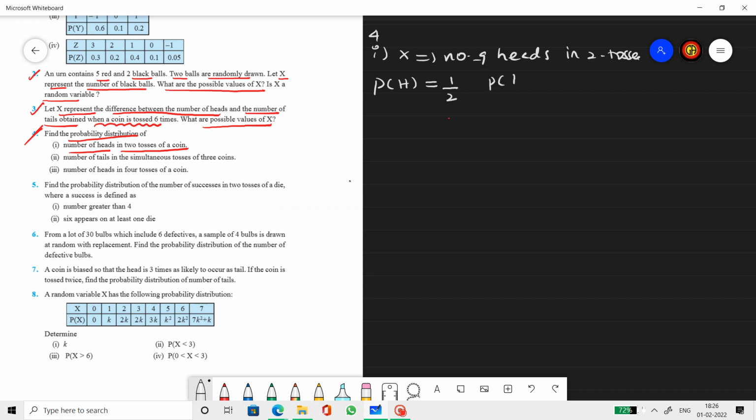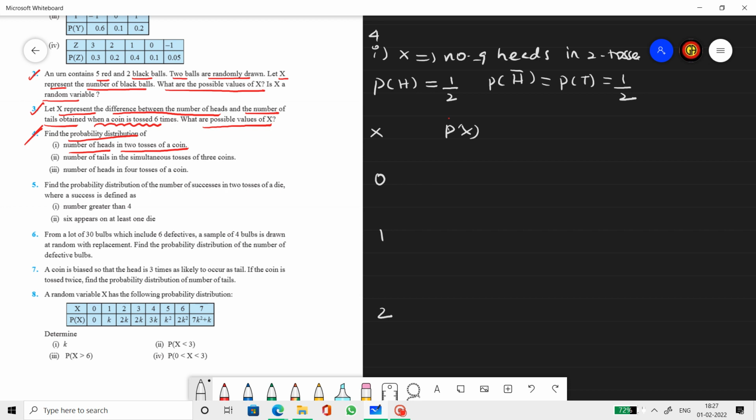The probability of not getting a head, which is h complement, which is nothing but getting a tail in one toss, is also 1 by 2. Now here x represents the number of heads in 2 tosses of a coin. So x can be 0, x can be 1, x can be 2. I can get both tosses as tails, one head and one tail, and both as heads.